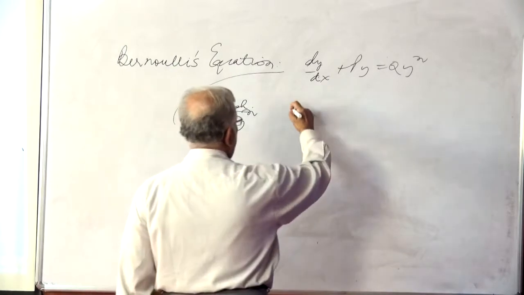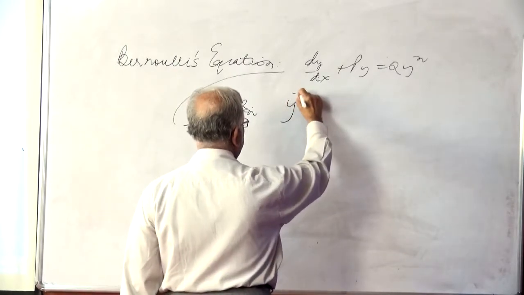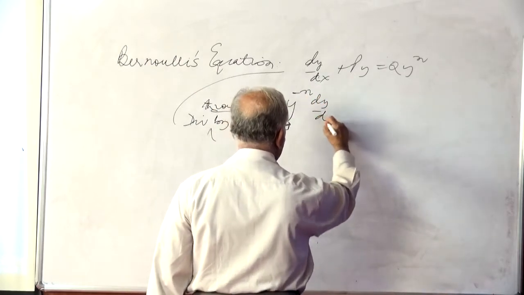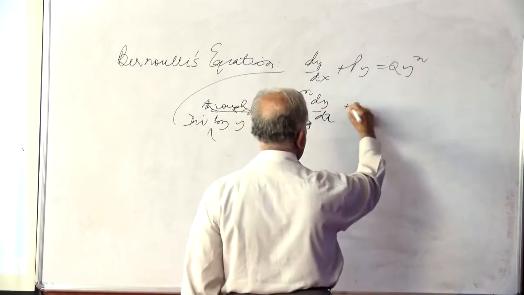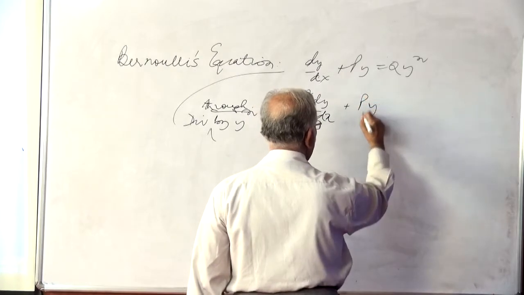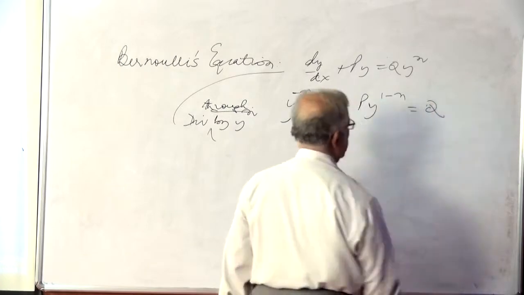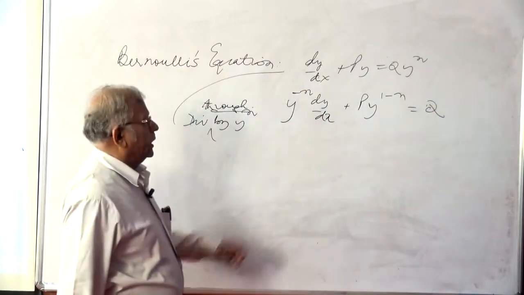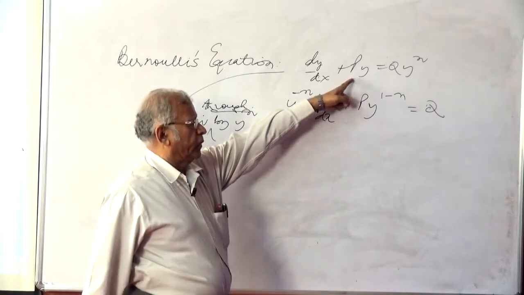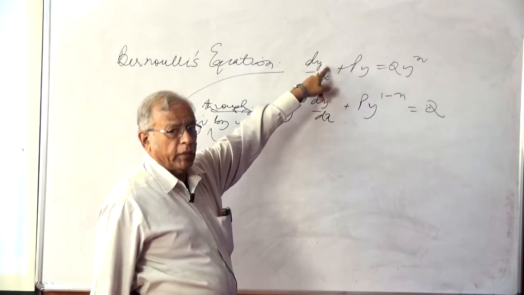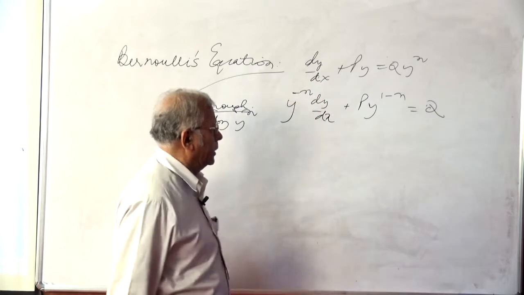We will get y to the power of minus n into dy/dx plus P y to the power of 1 minus n is equal to Q. As we mentioned earlier, P is a function of x, Q is a function of x, and y is the dependent variable and x is the independent variable.